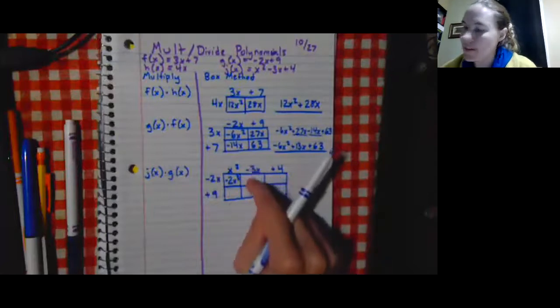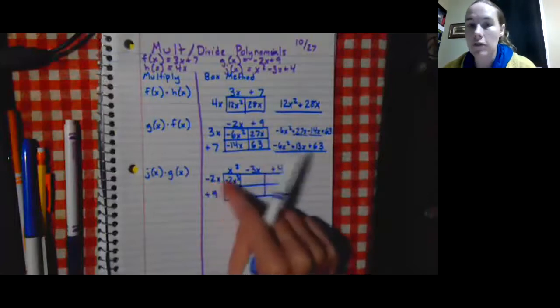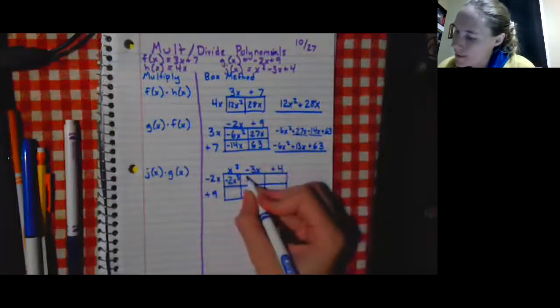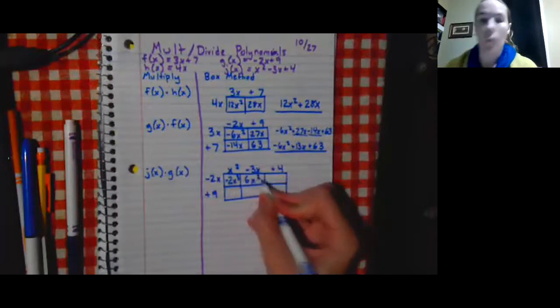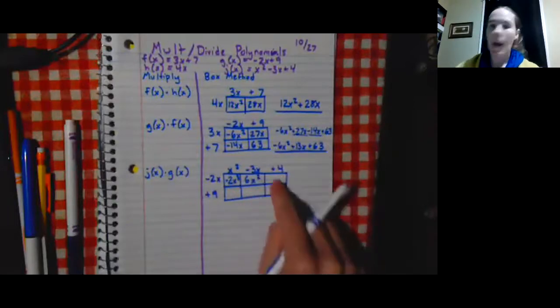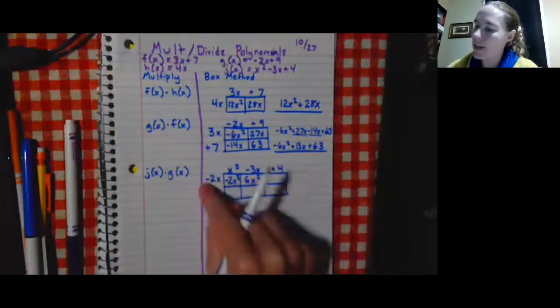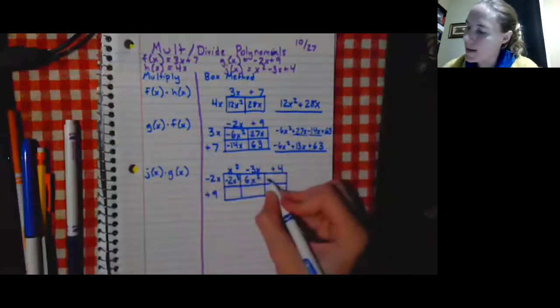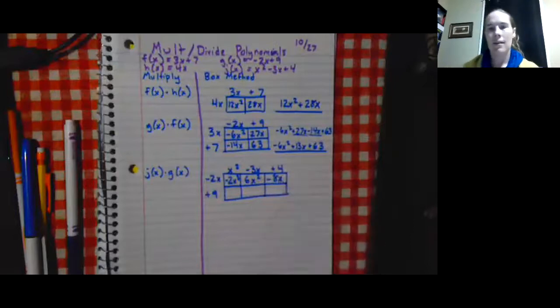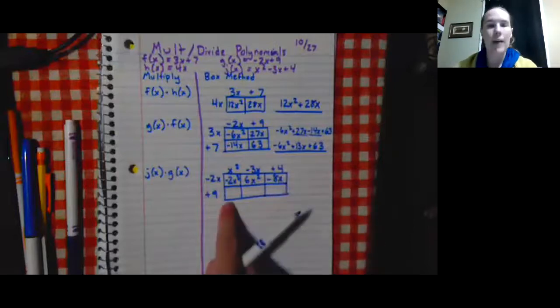Then this next one would be negative 3x times negative 2x, which would give me 6x squared. My next box, I have 4 times negative 2x, which would be negative 8x. Then now our bottom row.